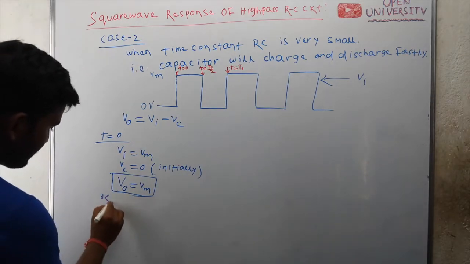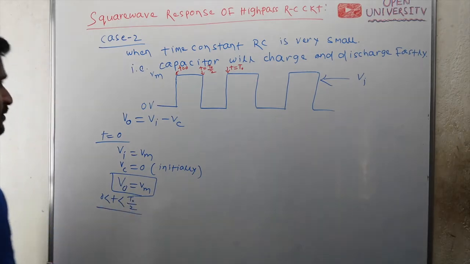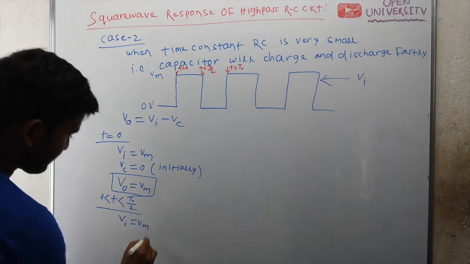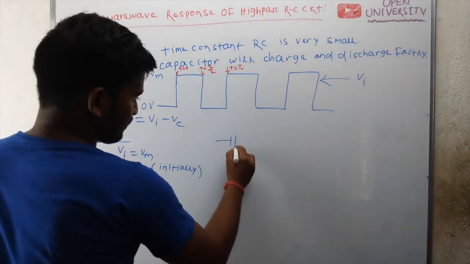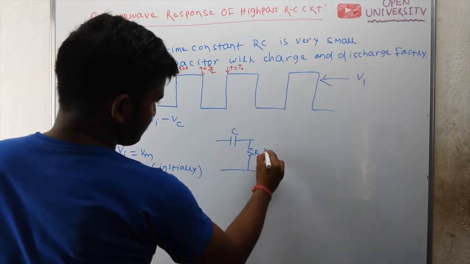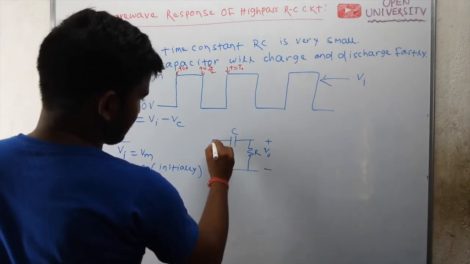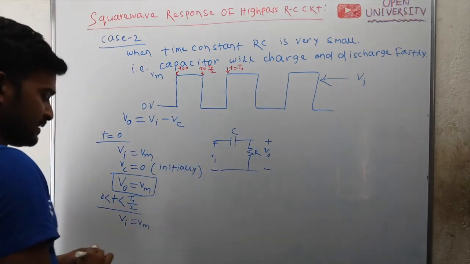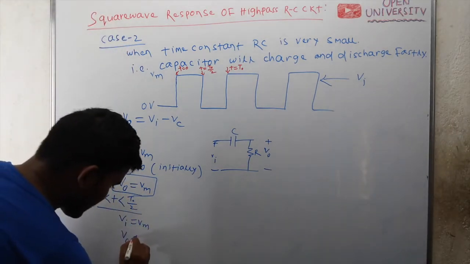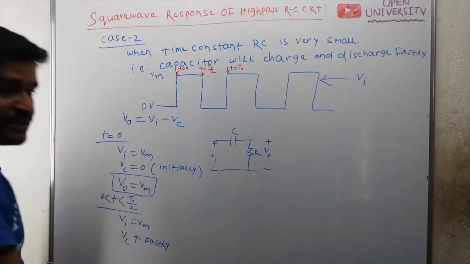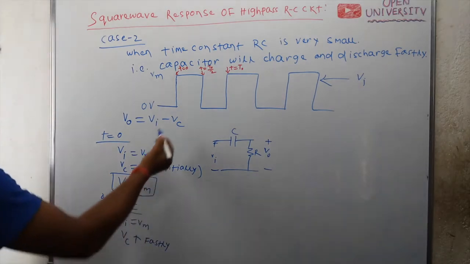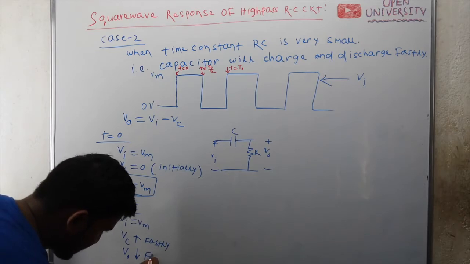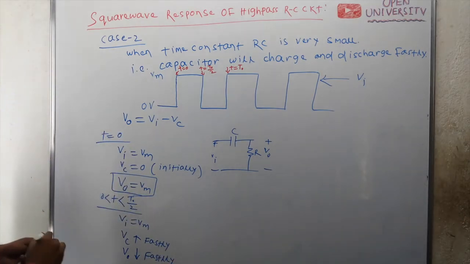Then when t is between 0 and t naught by 2, in this interval your input is fixed at Vm, and the capacitor will charge to the input voltage very fast. Since the time constant is small, the capacitor voltage will increase fast. If the input is constant and this voltage is increasing fast, the output voltage will decrease fast.